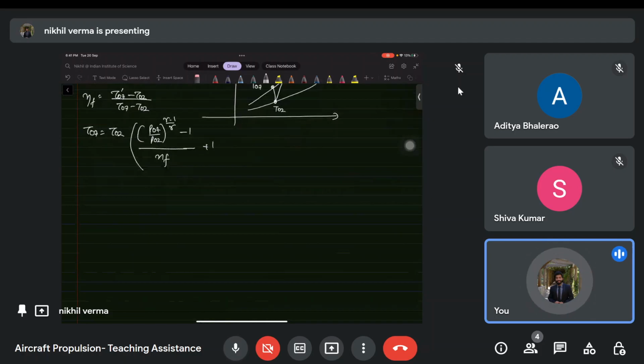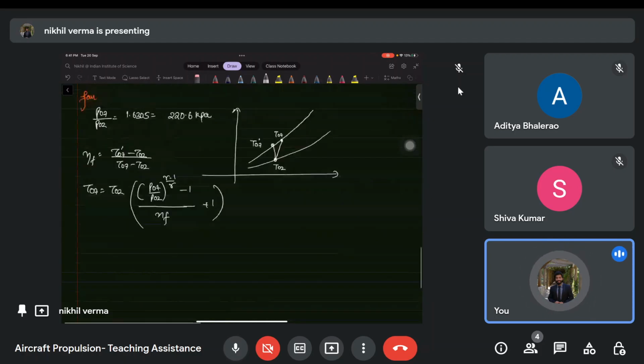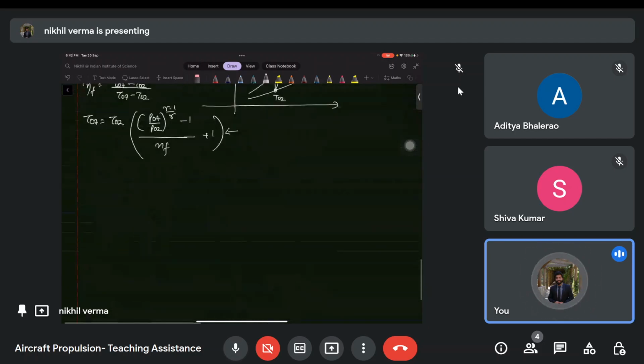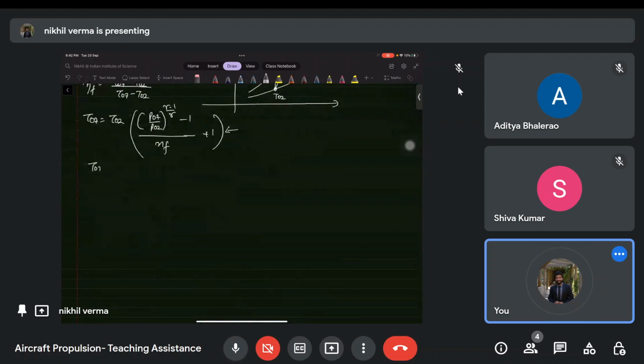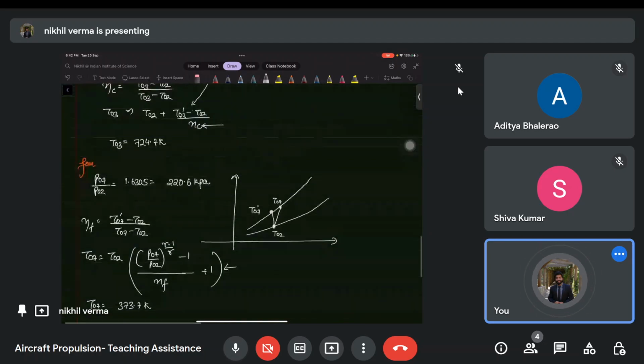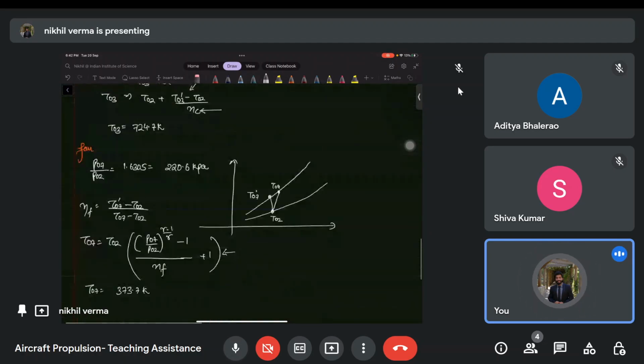This is the same thing that we have done here, but I have done it in a single step. If you calculate this T07, you will get 373.7 Kelvin. So let us write these values again: 220.6 and 373.7.